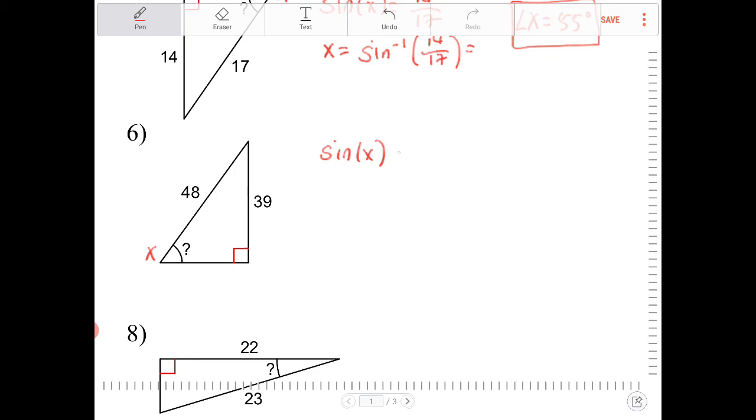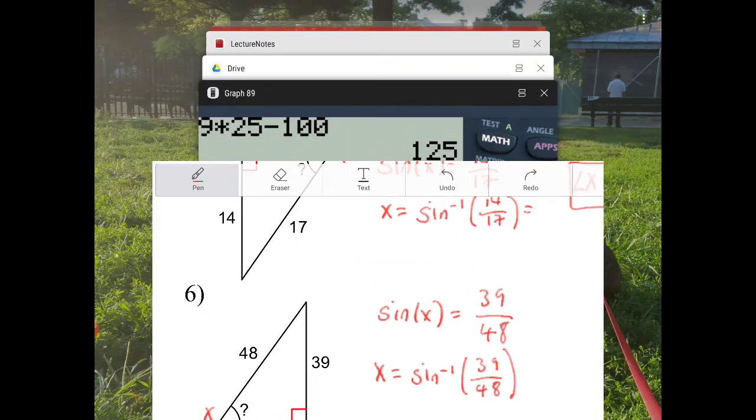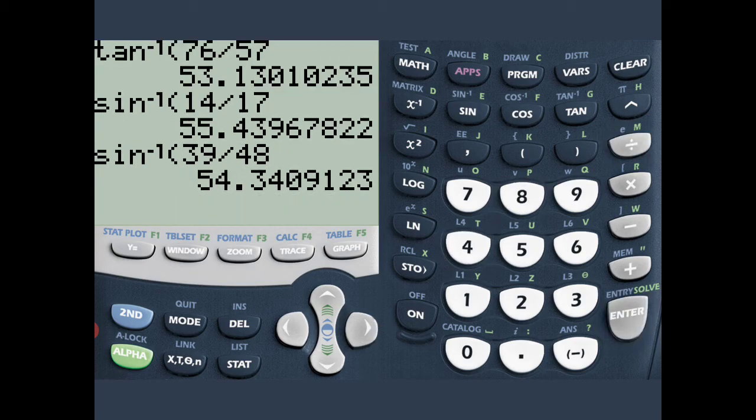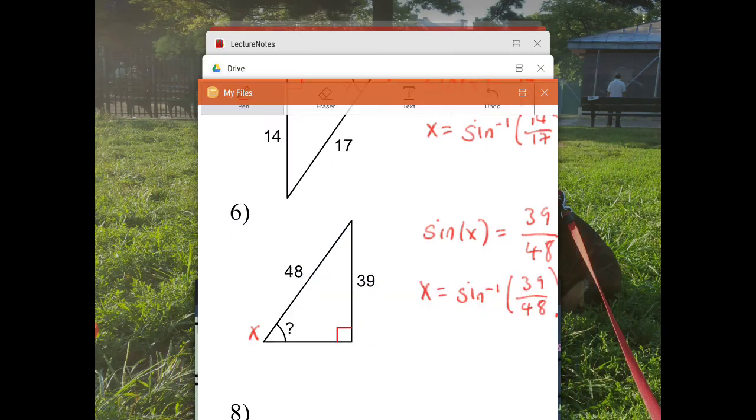Because 39 is opposite of x and 48 is the hypotenuse, I have a sine ratio. x is equal to arcsine of 39/48. That would be 54 degrees, rounded to the nearest whole degree.